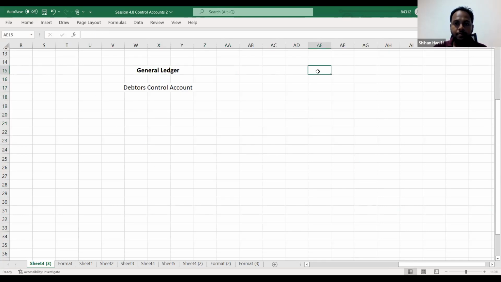General ledger. Then the debtors ledger, or we can say sub ledger. In the debtors ledger, we have individual accounts.